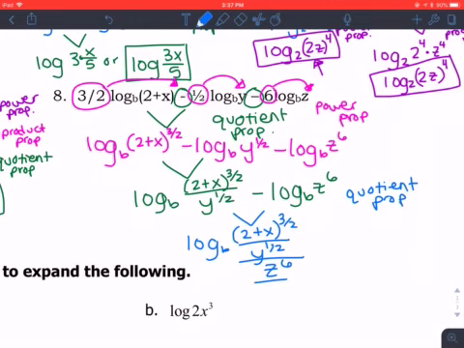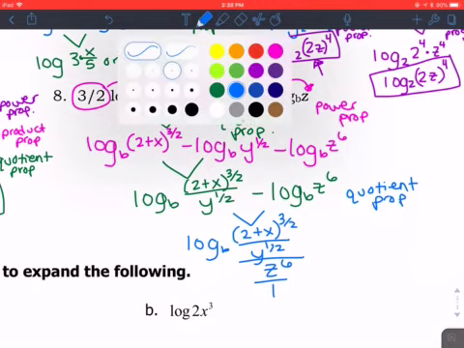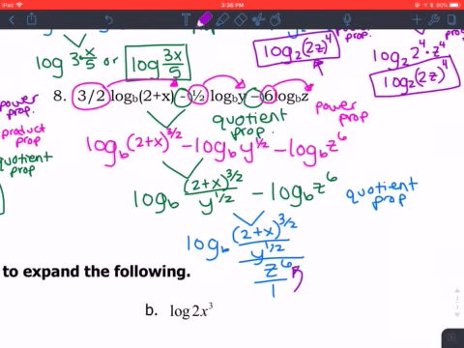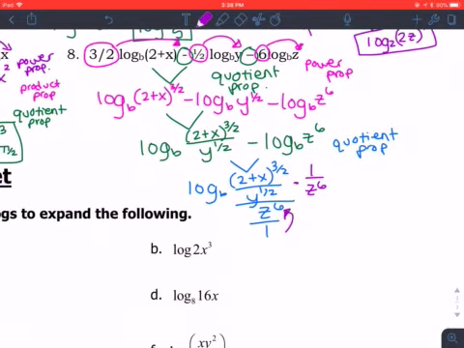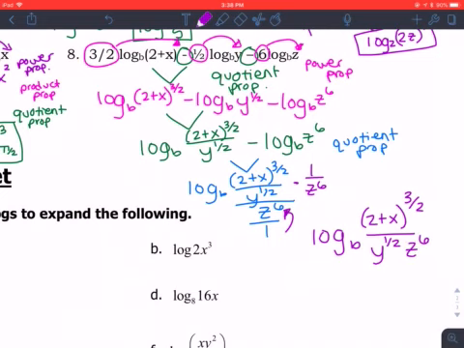So we need to go ahead and make our z to the 6th a fraction. And when we're dividing a fraction by a fraction, remember you multiply by the reciprocal. So we're going to multiply times 1 over z to the 6th. So our final will be log base b of (2 plus x) to the 3/2 over y to the 1/2 z to the 6th.